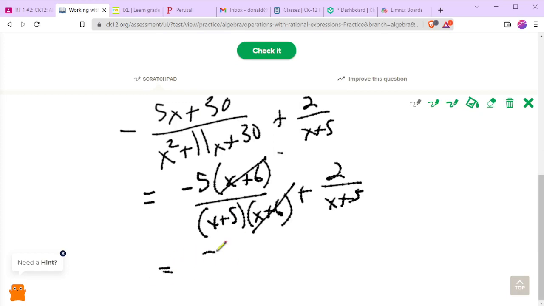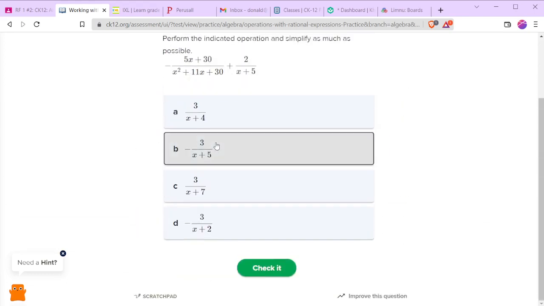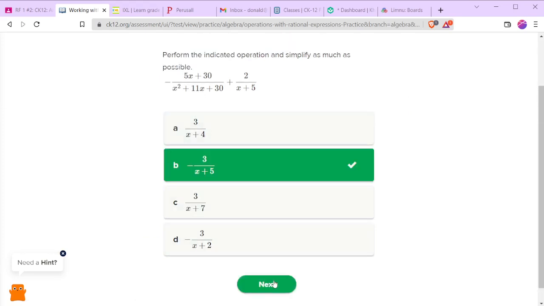So this becomes negative 5 plus 2 over x plus 5, or a negative 3 over x plus 5. So that is B. We check it, we're good.